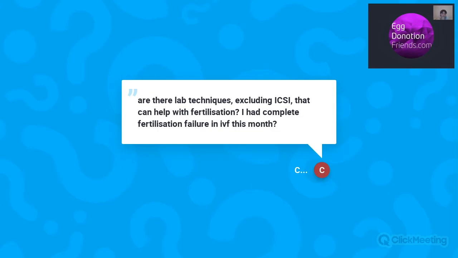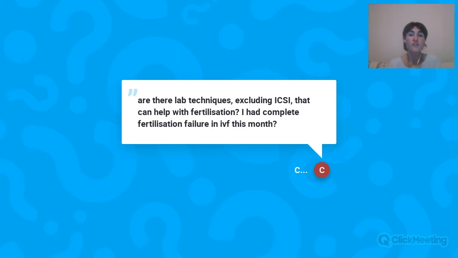Are there lab techniques, excluding ICSI, that can help with fertilization? I had complete fertilization failure in IVF this month. So this would be the kind of patient for which we could consider applying calcium ionophore. We would need to know a little bit more about your case. So, for example, how the sperm sample is, because we've had some patients who had extremely bad sperm samples where nothing was moving.